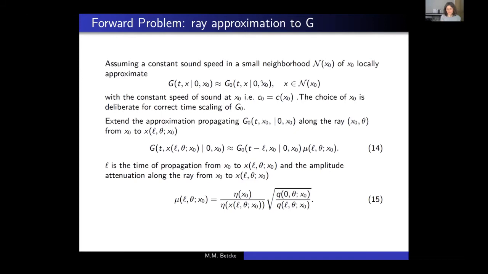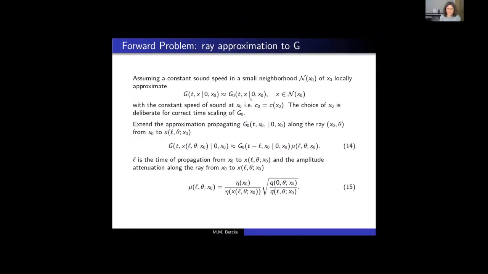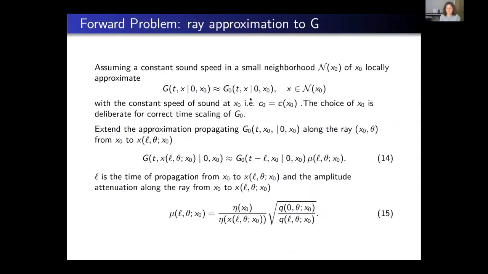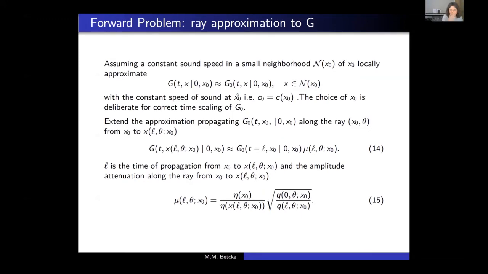This is what I can do with the rays, and it gives me exactly how the amplitude from a given point is going to decrease along the rays. So after I change the coordinates to the ray system, I can use the ray formulas to compute the amplitude, to compute the Green's function along the ray.